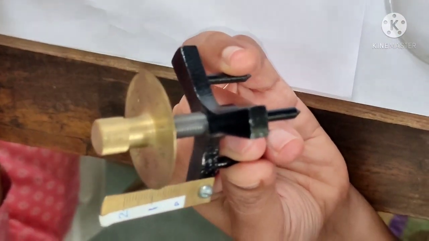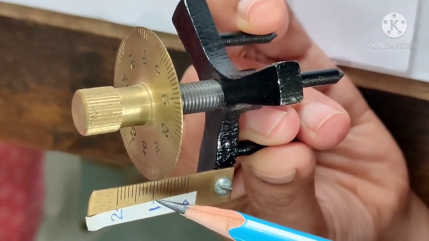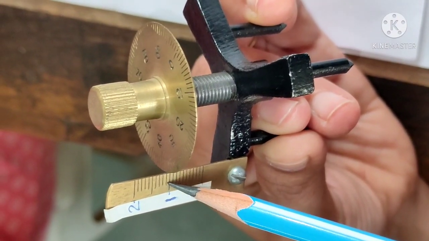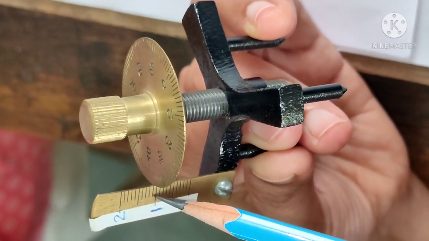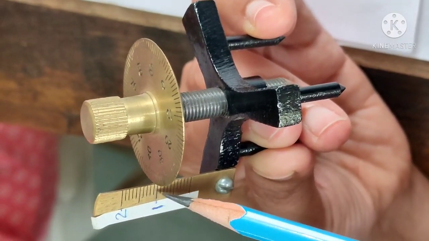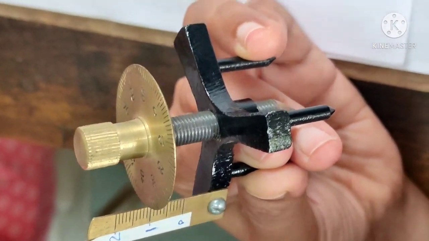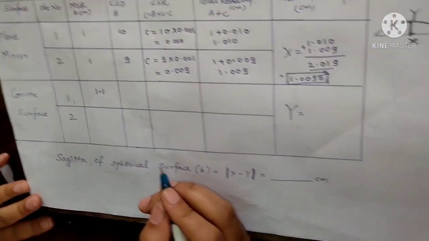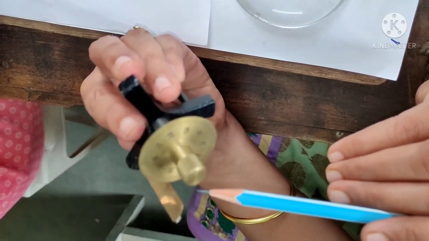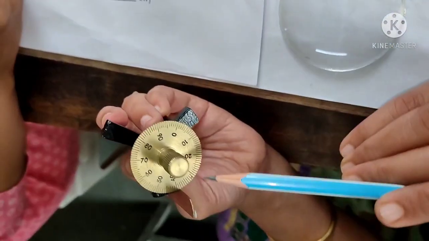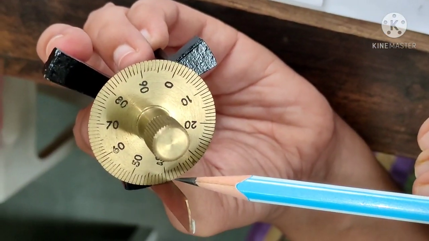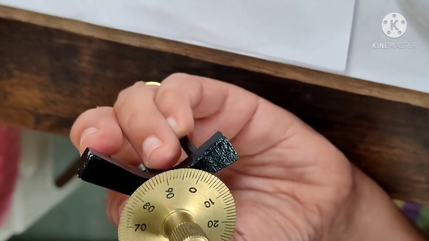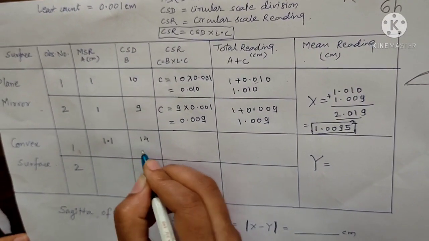Main scale reading, you can see here that the edge of this circular scale is coinciding with the first division after 1, which means that the main scale reading is 1.1. Then on the circular scale, the 40th division is coinciding with the edge of this vertical scale and therefore the circular scale division is 40.